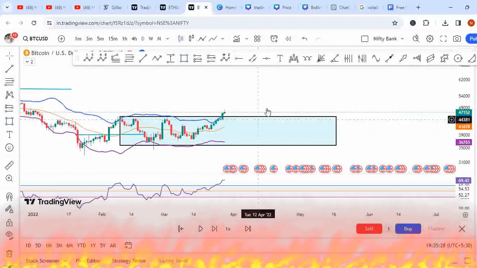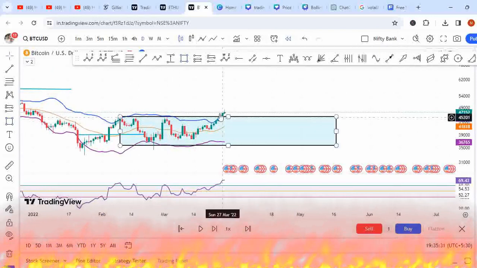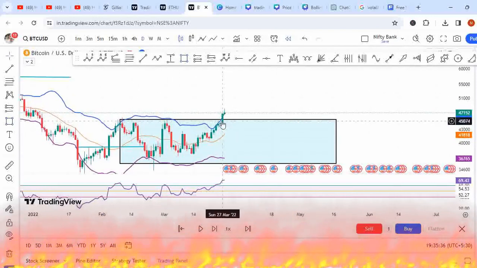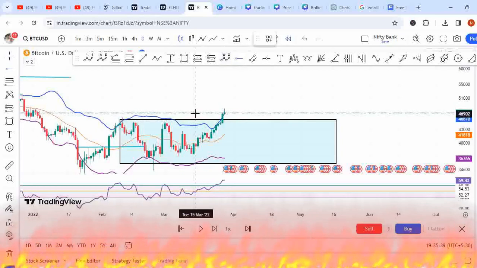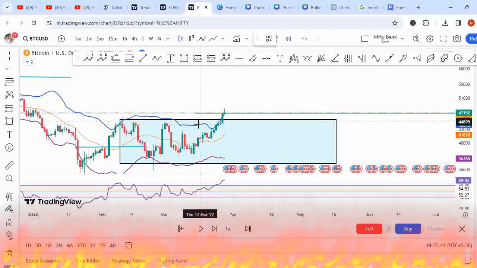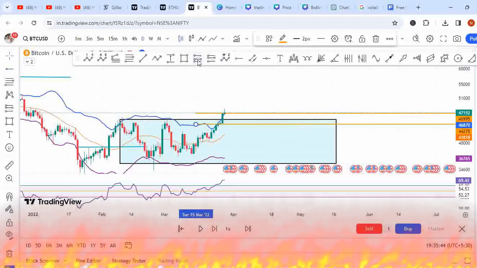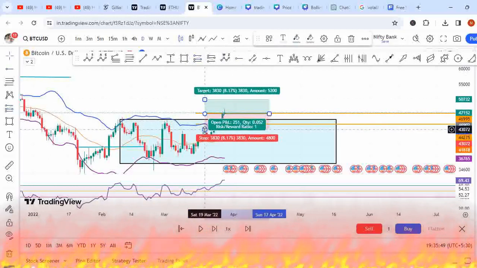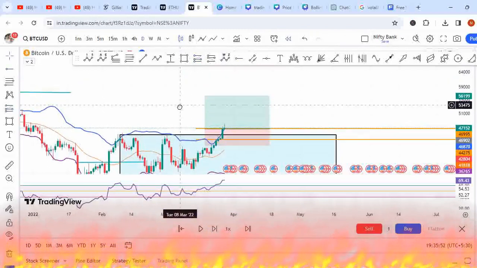Okay, you see, again there is a contraction. The Bollinger Band has been broken by a bullish candle. Mark this high, and mark this low as your stop loss. We enter into the trade. Keep your target as 1:2.